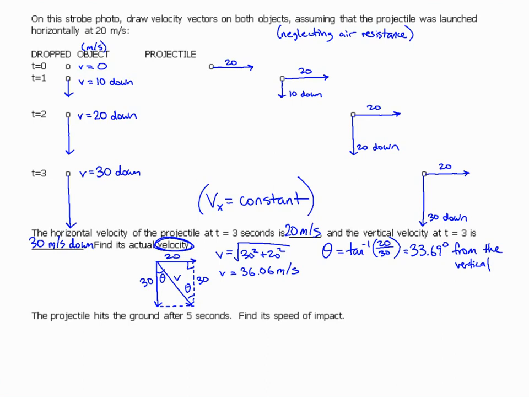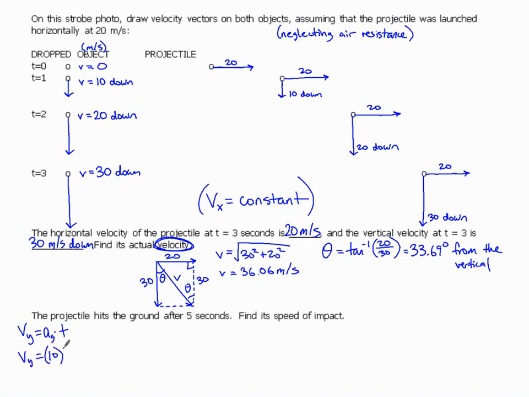The projectile hits the ground 5 seconds after. Find the speed of the impact. So if we want to know velocity in the y direction, we know that it is acceleration of gravity times the time.